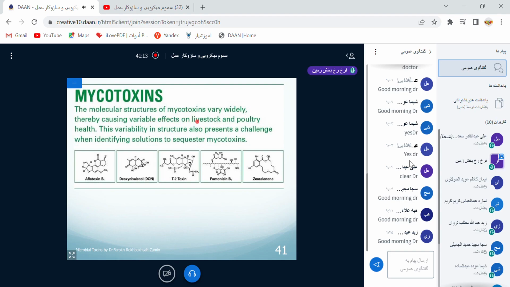domestic animals, and poultry, those birds which we have as our food. So these mycotoxins not only have effects on our human cells, but also have many effects on domestic animals. So as much as possible, when we buy food, for example, rice, wheat, or flours, if we can see any growth of fungi, we don't eat.